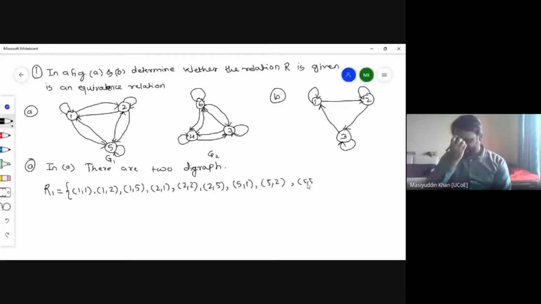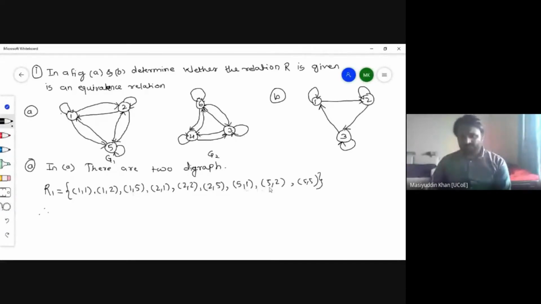In R1, similarly we can define R2 also by the second digraph. In R1 I can say that a reflexive pair is present because of 1 comma 1, 2 comma 2, and 5 comma 5. A symmetric pair is also present: 1 comma 2, 2 comma 1, similarly 1 comma 5, 5 comma 1, then 2 comma 5 and 5 comma 2.